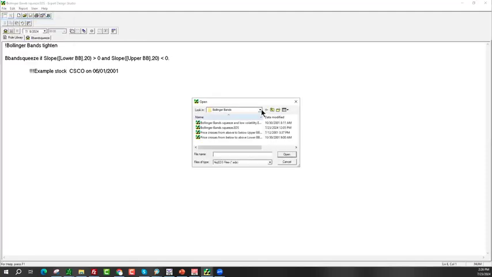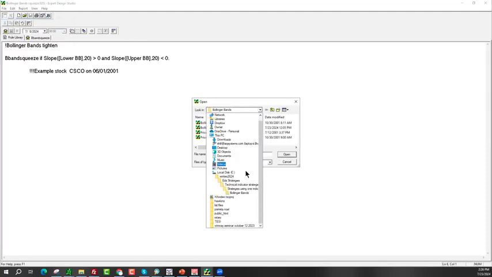File, Open, and it's going to be in your WinTest 3.2 folder, although mine's called WinTest 2024 as I'm working on some new features. Then EDS strategies, technical indicator strategies, strategies using one indicator, and then Bollinger Bands. You can see we have a load of these in here. There are 4 Bollinger Band related strategies, simple strategies.